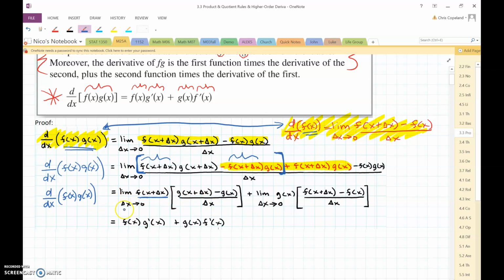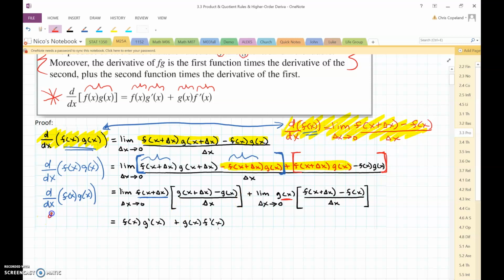Still going to have the limit as delta x goes to 0. And then over here, in red, these brackets here, I'm going to factor out g of x. So I'd be left with f of x plus delta x minus f of x all over delta x. g of x would be out in front. And then I'm going to take the limit of each of these as delta x goes to 0.